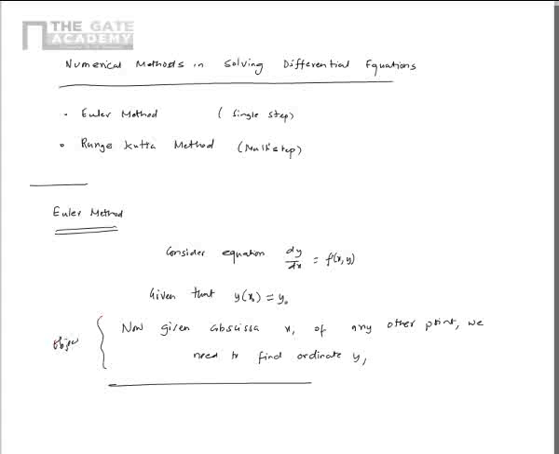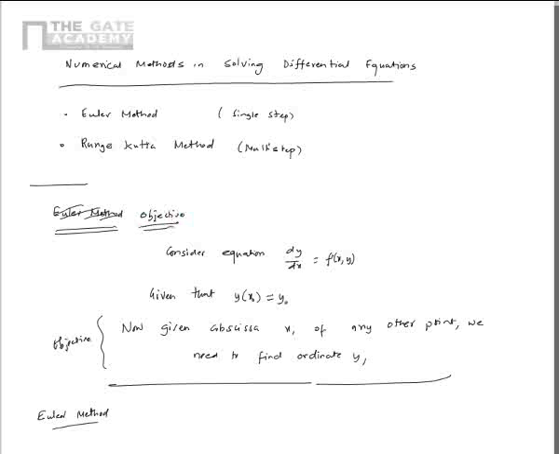If I know y naught at one position x naught, then given any other x1 I need to find y1. So we'll see how this objective is met in these two methods. This was just the objective common to numerical methods.